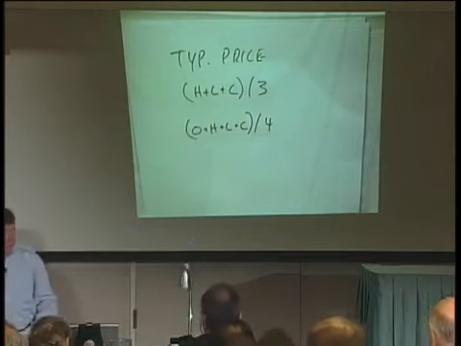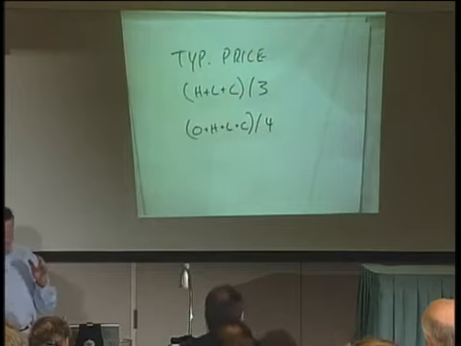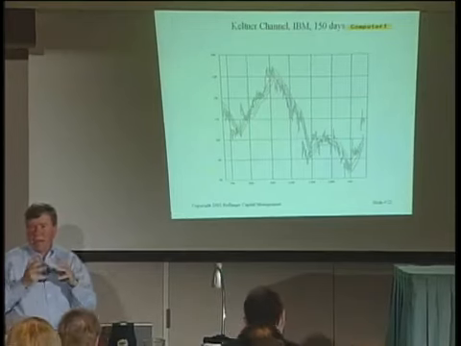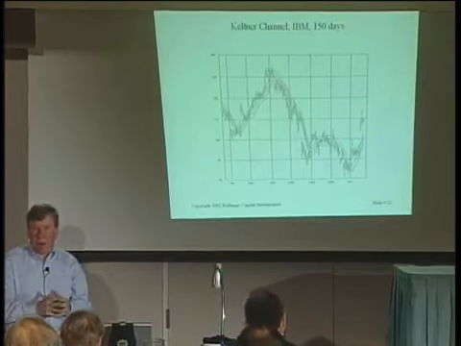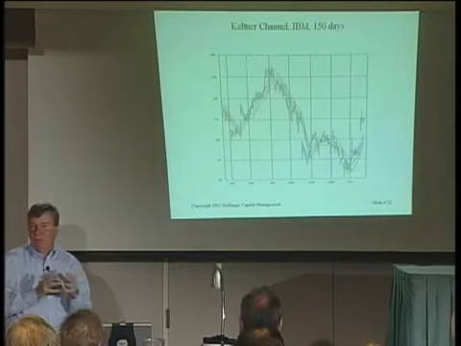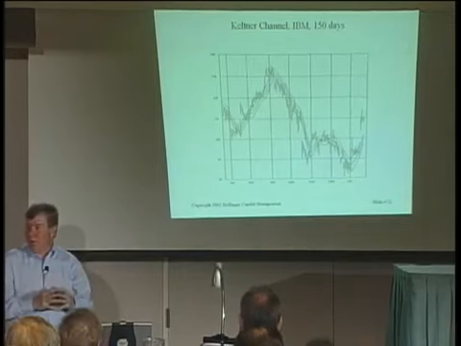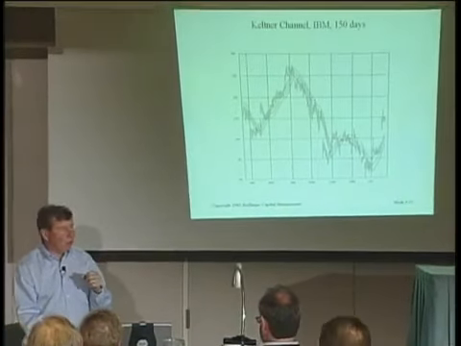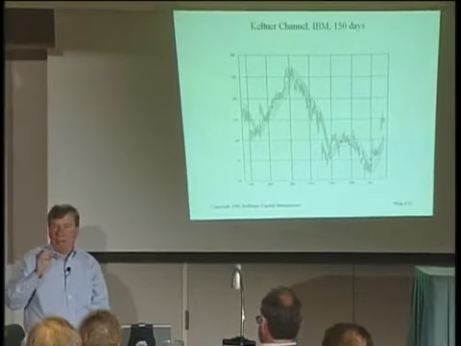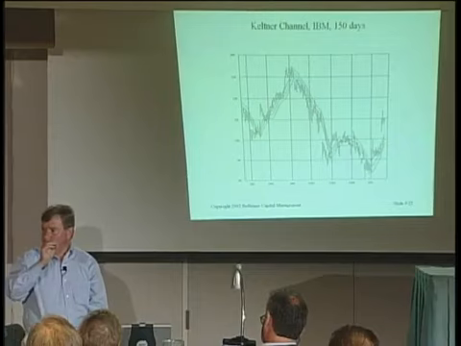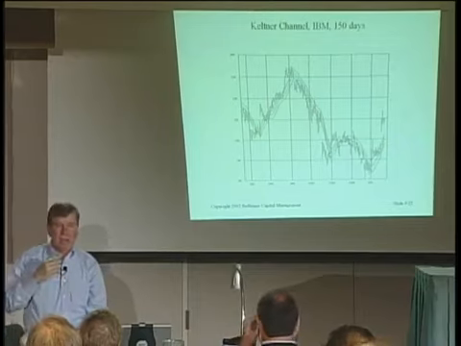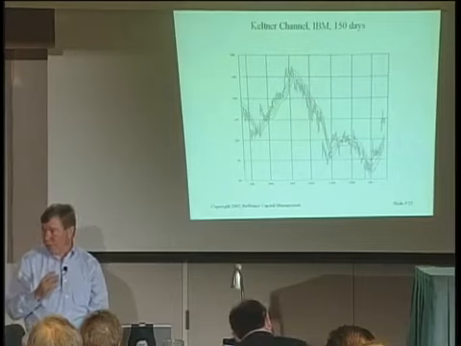Especially in systems trying to get some gauge of what's happening in the market, especially when you're looking at weekly bars or longer bars, the typical price is often a much better price than the closing price. The closing price is just a point in time, and it may be an arbitrary point in time, a Friday or 10 a.m. or something like that.